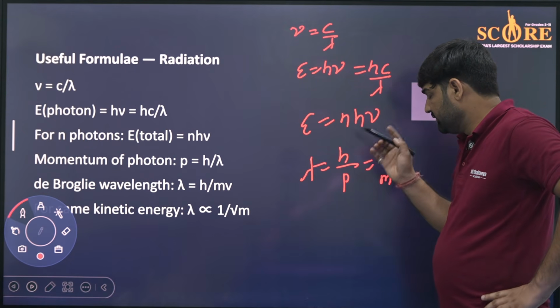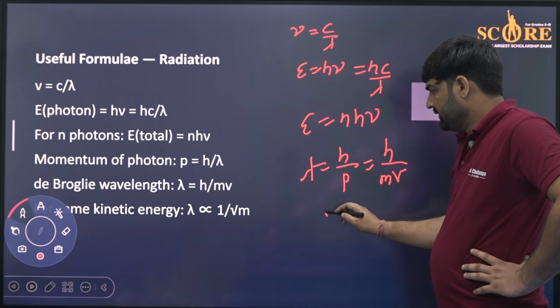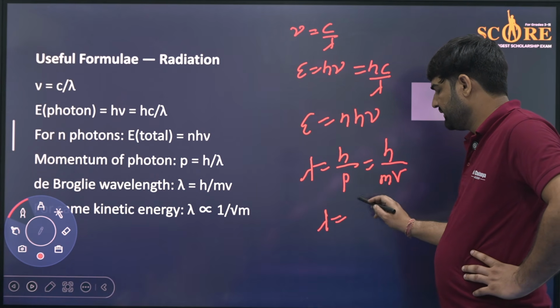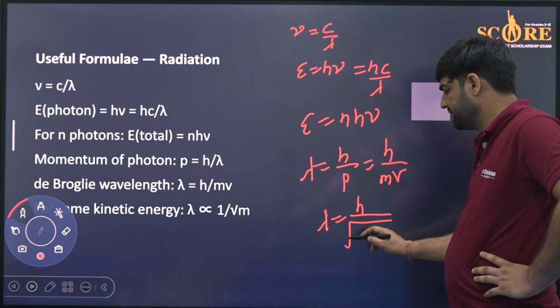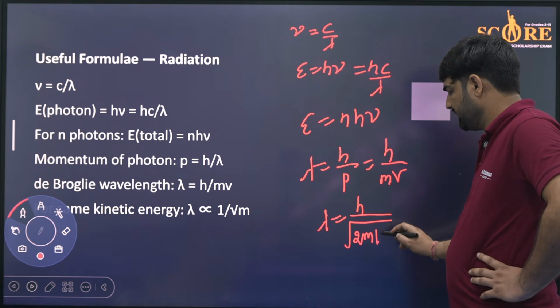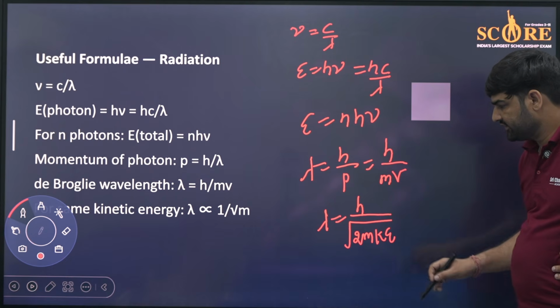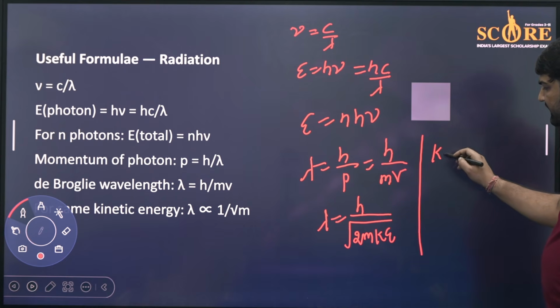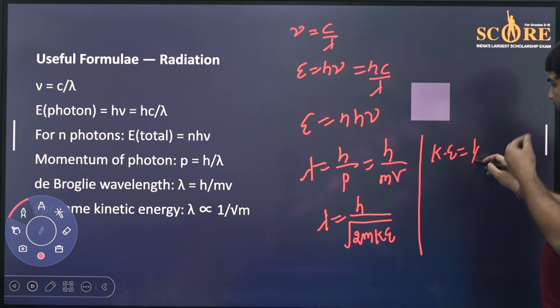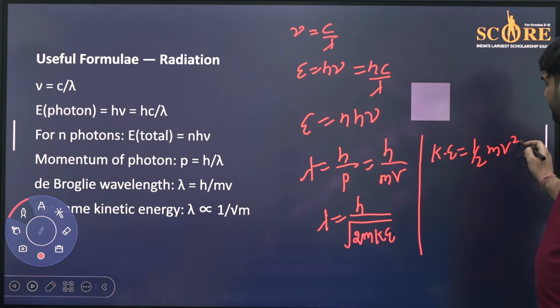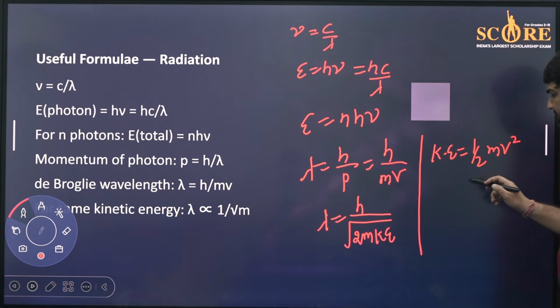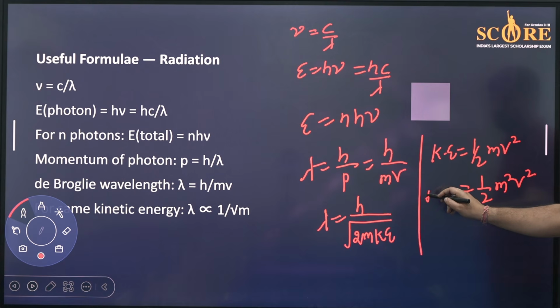And we can also write the relation between lambda and kinetic energy. What is this relation? You know kinetic energy equals half mv square. You have to multiply m here, so this will be m kinetic energy.